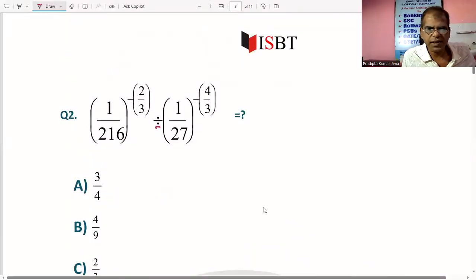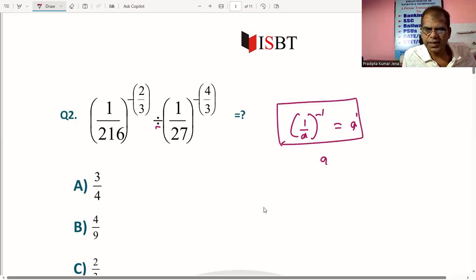We know that 1/8 to the power -1 can be written as 8 to the power 1, since 8 to the power -1 is equal to 1/8.